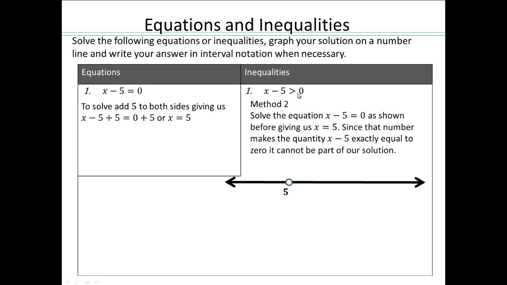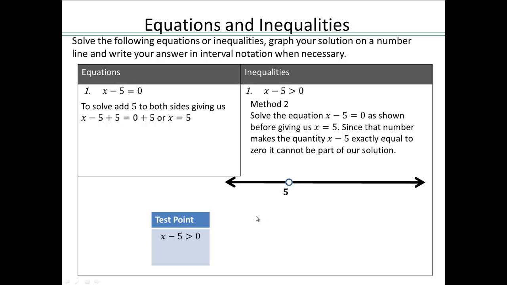Replace the inequality sign with equality and solve just like before. Add 5 to both sides, and you end up with x equals 5. Then you can see that 5 minus 5 makes exactly 0 and does not satisfy this inequality, so you have to punch a hole at it because 5 is not part of your solution.